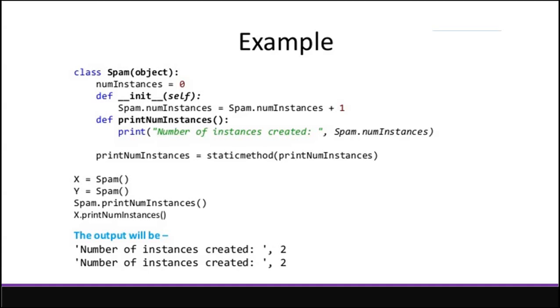So right here we have a Span class. There's a number of instance variable. That variable is actually a class variable, or we call it a static variable, and it doesn't belong to any object. So when you access it, you have to use Span dot number of instance.